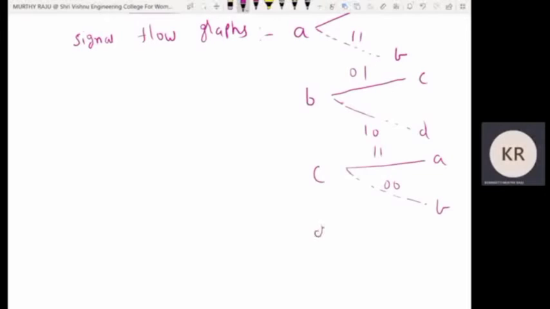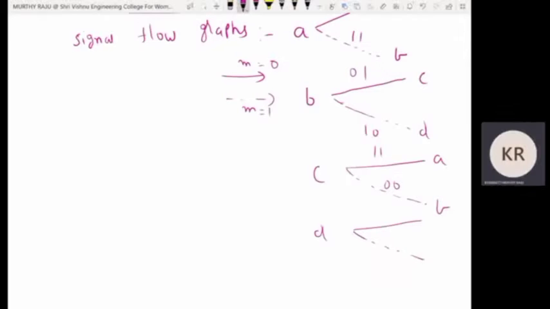And similarly, D again has solid line and dashed line. This line is meant for M equal to 0. This line is meant for M equal to 1.